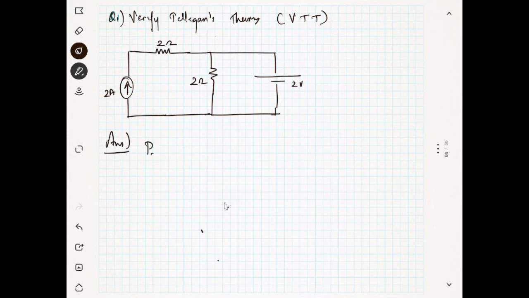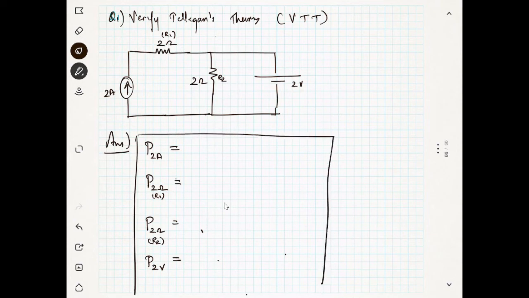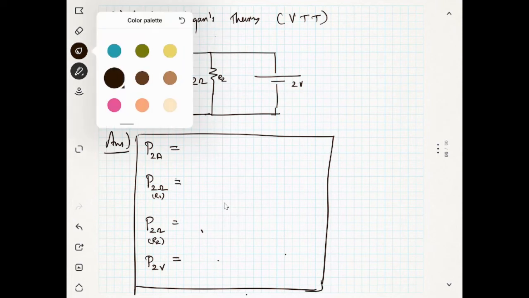So for example, the power delivered by the 2 ampere current source, the power across the 2 ohm resistance, let's say this is R1 and this is R2, what is the power across the 2 ohm resistance, which is R2? And what is the power across the 2-volt battery? This is what first of all we want to find out. So can you tell me how to proceed for this problem?